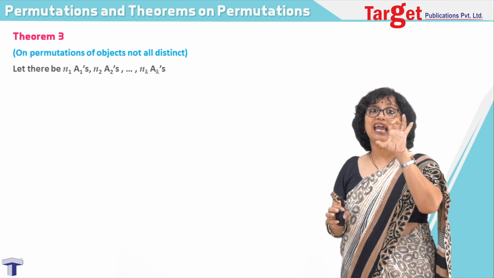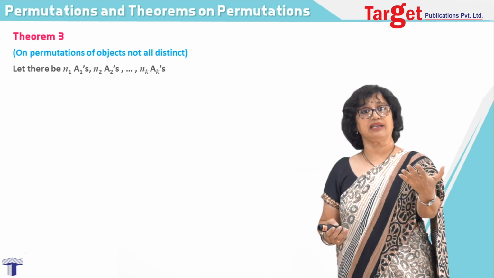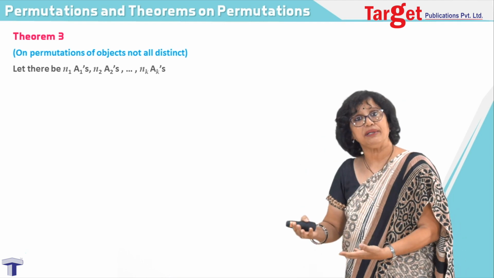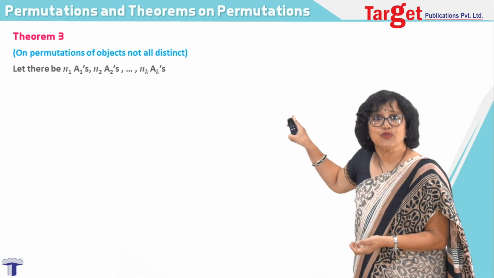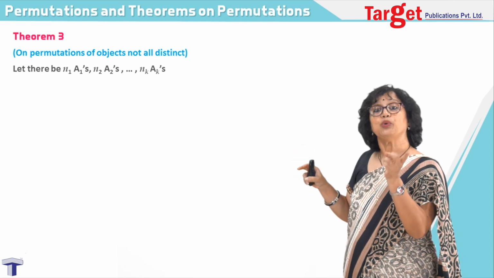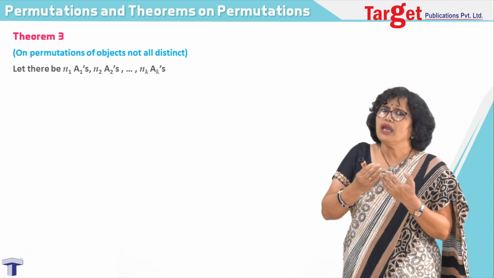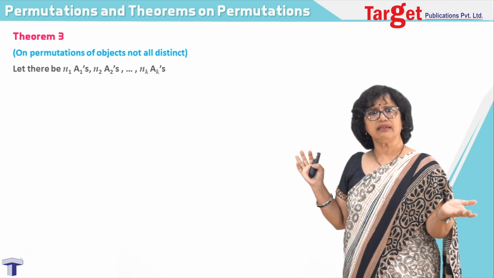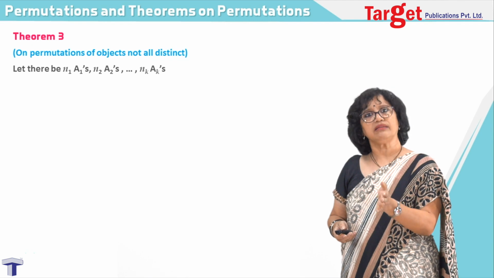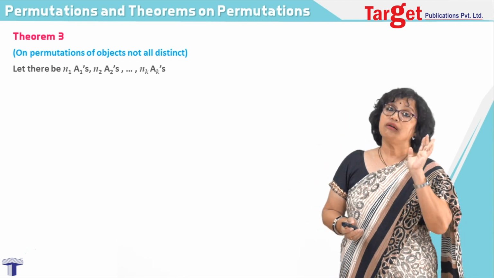When I say there are n1 A1s, that means A1, A1, A1, like that, repeating n1 times. A2, A2, A2, like that, repeating n2 times. That is what I mean here. And lastly I have written nk AKs. So in all, how many are there? n1 plus n2 plus n3 up to nk, right? That would be the total number.